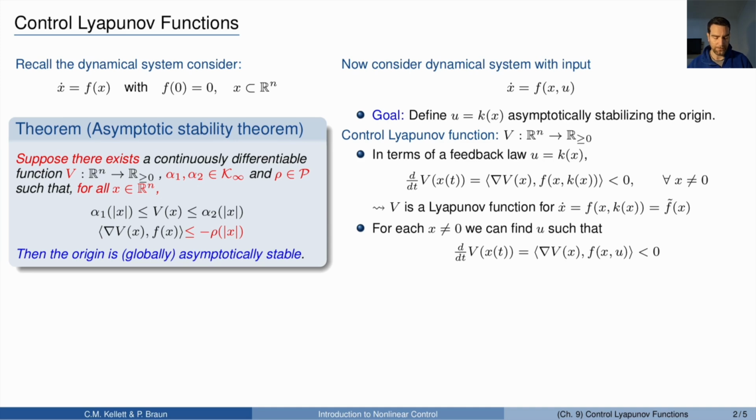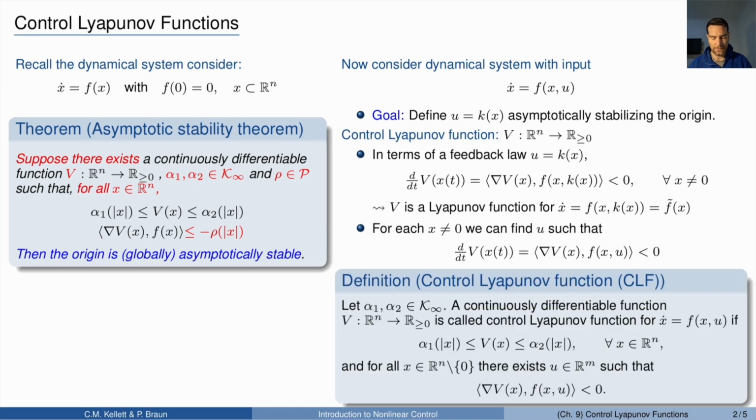Then we want to guarantee the condition that whenever we take an x unequal to 0, we can find an input u such that the decrease condition here is satisfied. And if we can guarantee that condition, that gives us the definition of a control Lyapunov function. So here we more or less copy the same definition as for Lyapunov functions.